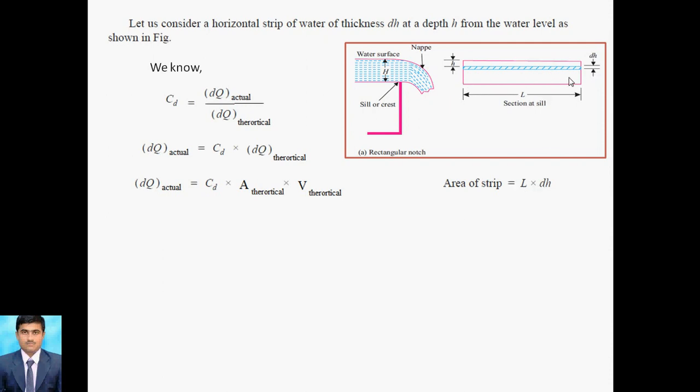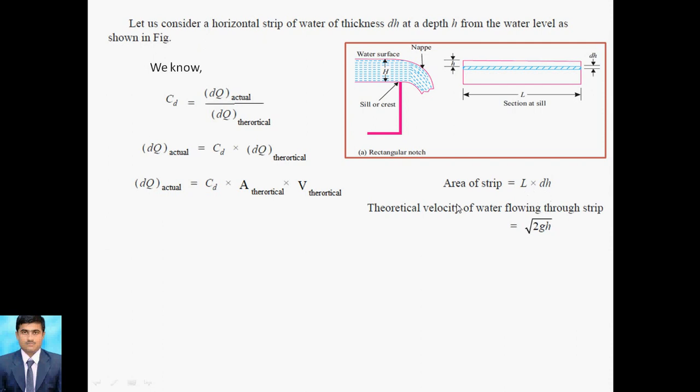Length is L and width is dh, so I write the area of the strip as L dh. And V theoretical is always root 2gh, with small h as the head because we are considering the smallest strip.